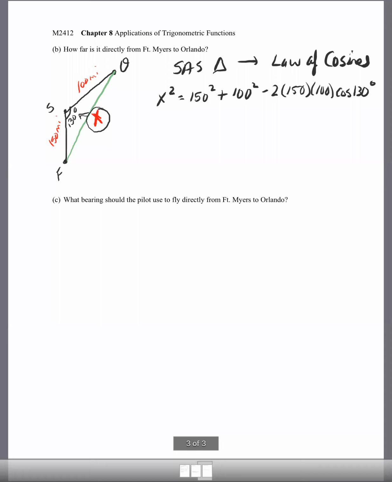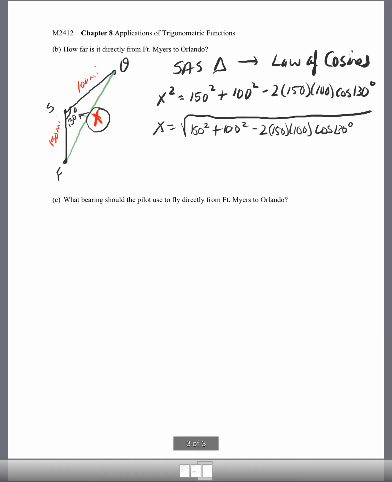Now, we really don't care that much about what X squared is, so we really just want to know what X is. So my suggestion is in your calculator, I would go ahead and just load up what the square root of all of this is and go straight for your answer. Okay. I don't expect to see this done by hand.